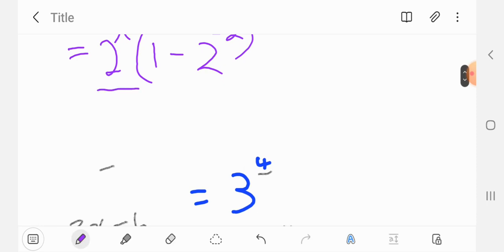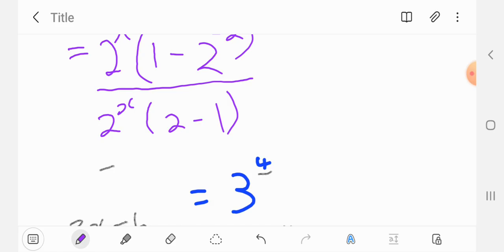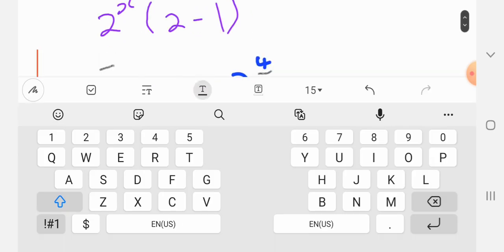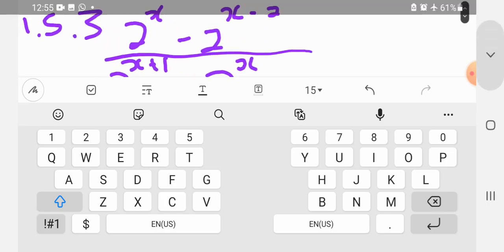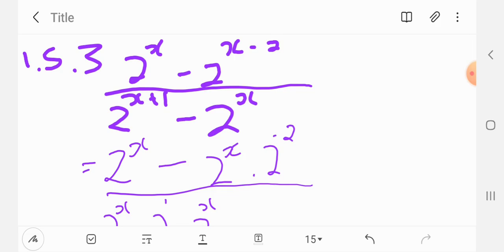Then at the bottom, we'll have 2 to the power of x as well as a common factor, 2 minus 1. I'm going to leave a link to the video where I explained this in detail. Remember to check it out.